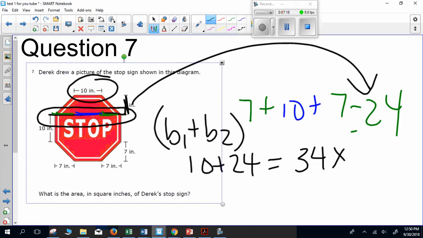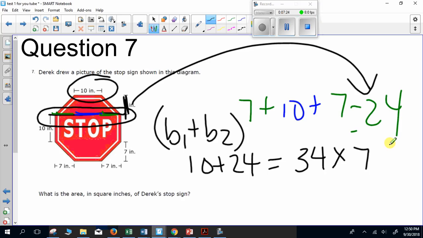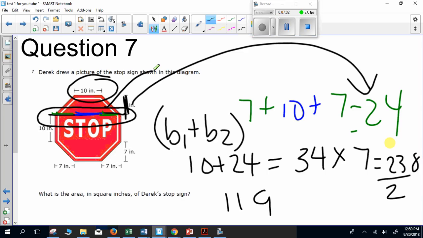The height of this is 7. So 34 times 7, that's 238. Divided by 2 is 119. So this top trapezoid up here is 119, which means that this bottom trapezoid down here is also 119.